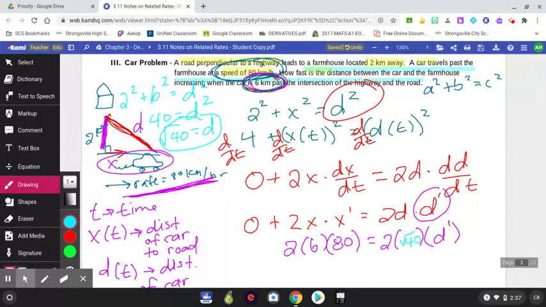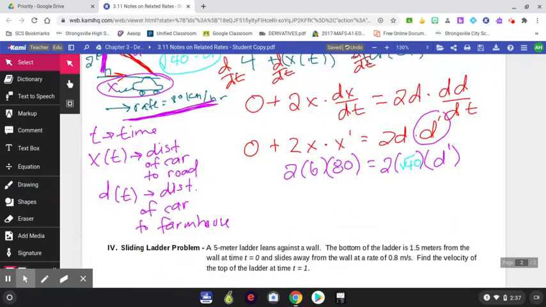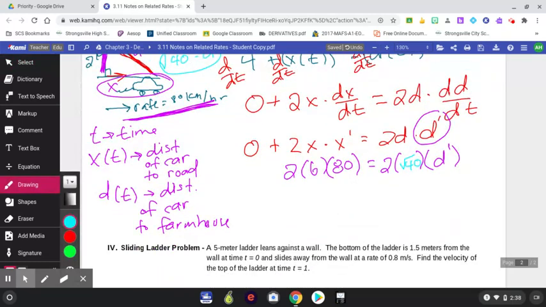So again, I had to do this extra step. I had to use my Pythagorean theorem to determine what that distance d was, knowing that the car is 6 kilometers away. Now I can do a little solving. So let's see, what do I have here?